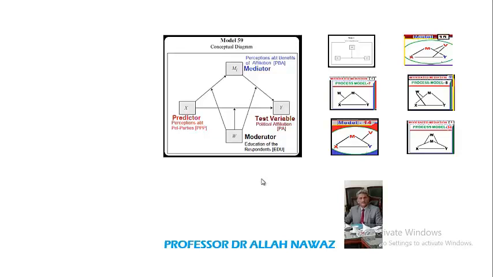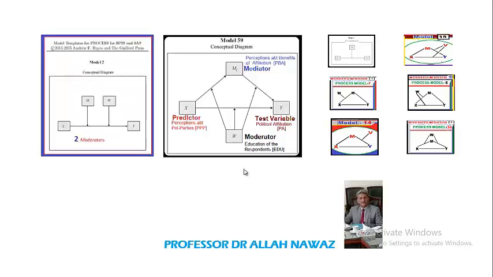So that was the final video in this kind of interactions of third variables with the X and Y relationships. In our next video, we are going to produce a lecture on a model where we will use 2 moderators at the same time to produce conditional direct effects of X on Y.